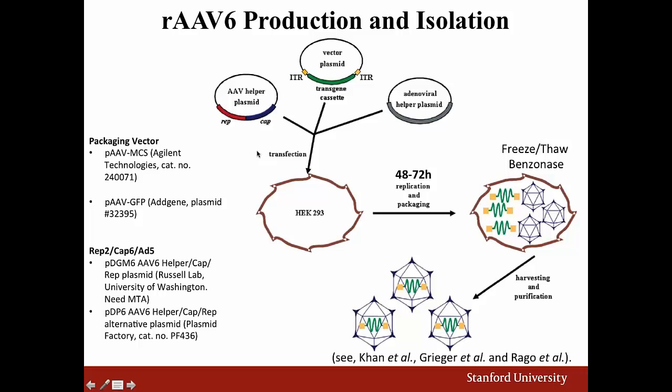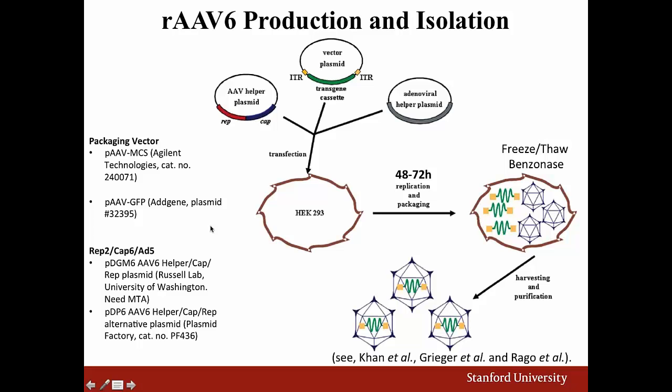The basic scheme is that you have your vector plasmid, which you would clone between ITRs as we just described, and then two plasmids: the helper plasmid delivering the rep and the cap, which in our case is rep2 and cap6, and the adenoviral helper plasmid, which will be Ad5.